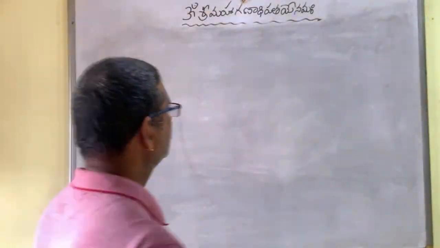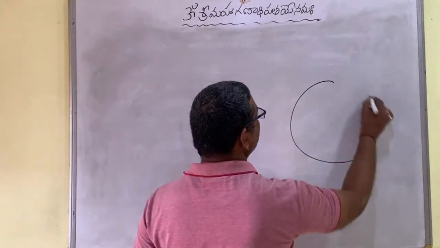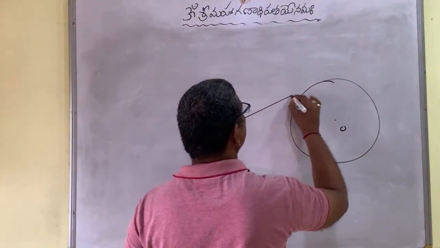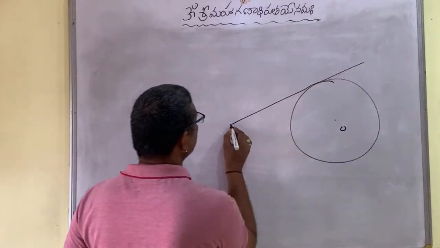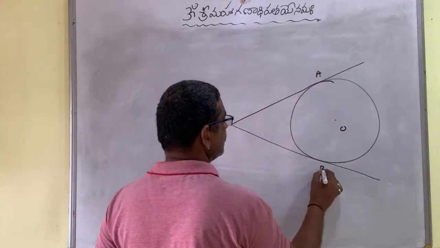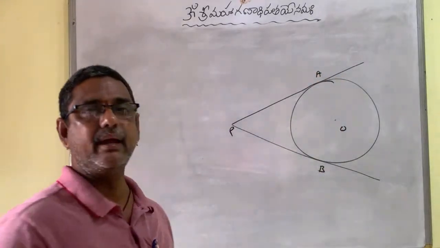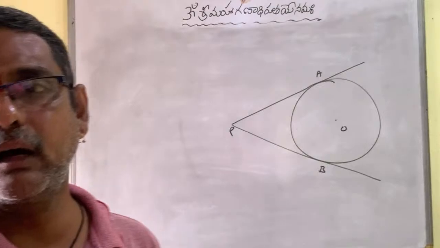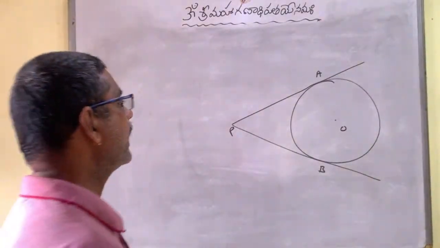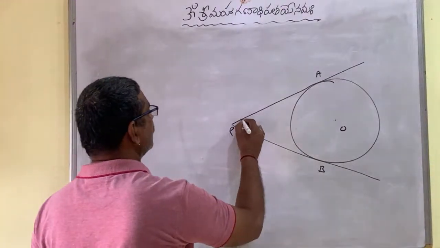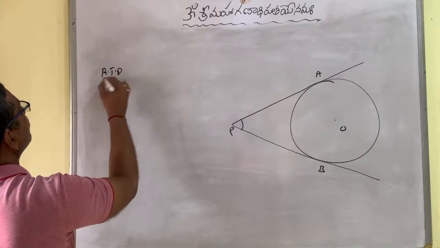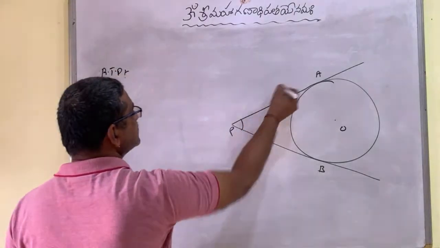So I need to draw a circle with center O. PA and PB are two tangents. So angle between the tangents means this one, required to prove.